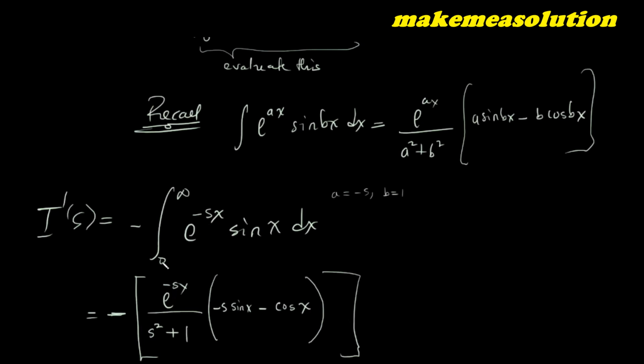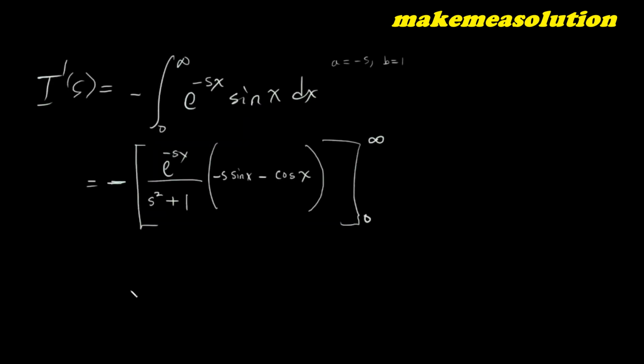Then remember, it's a definite integral, so we have to solve it between 0 and infinity. When you have a minus sign, you can make things easier for yourself: the minus sign can reverse the order of the limits of your definite integral.